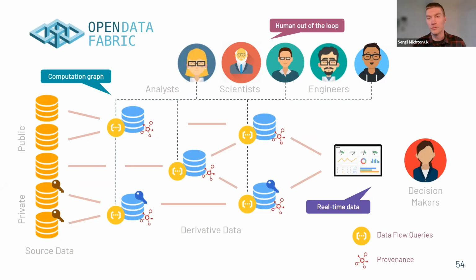People are completely removed from the system, so they configure these queries, but they never touch data manually. This is what allows us to reach real-time speeds, but also creates properties like complete reproducibility, verifiability, and provenance in the system. Really, this is a system that allows you to collaborate on data in a very similar way to how you collaborate on software, by collaborating with people to write all these stream processing queries.